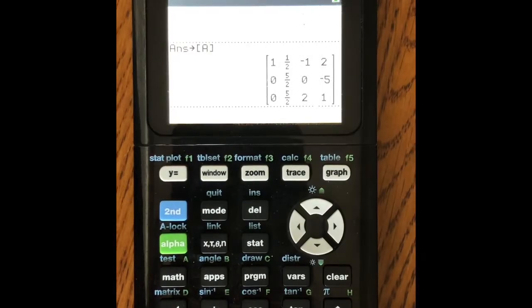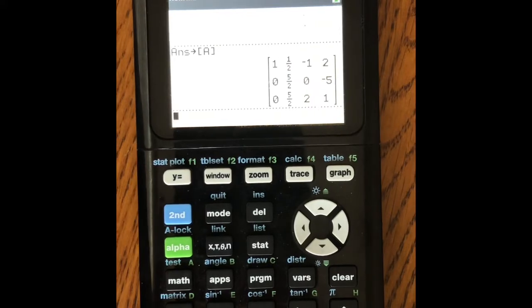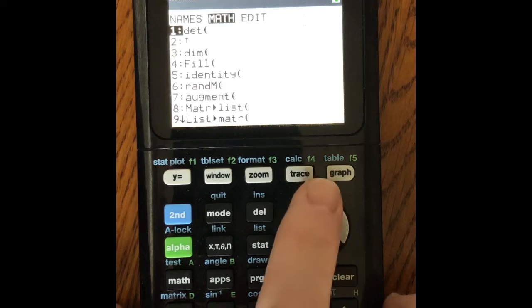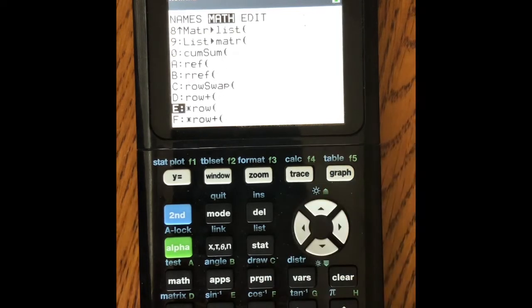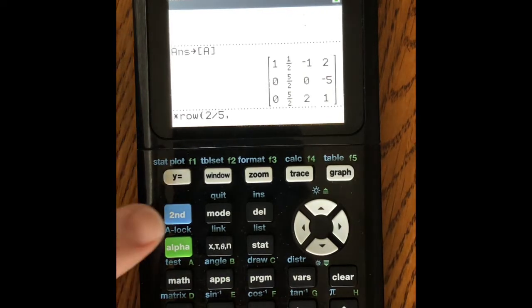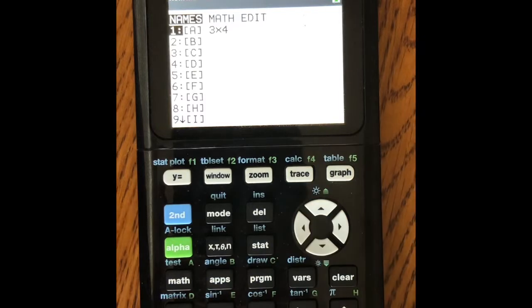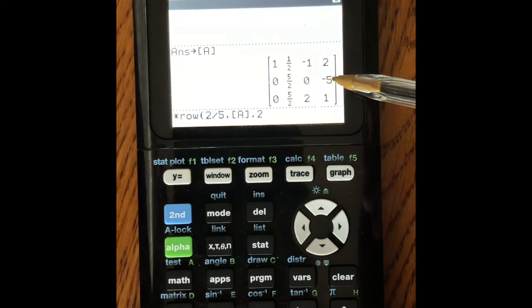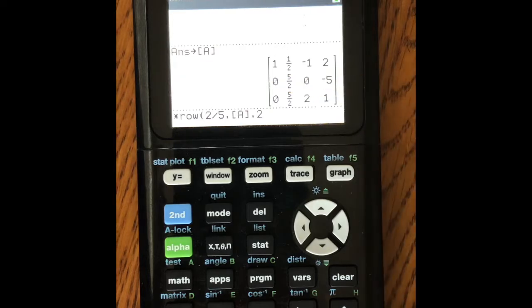So to perform the row operation, 2/5 R2, using my graphing calculator, I'm going to do what? I'm going to do it a second matrix, math, times row, and then I'm going to put in the multiplier, which is 2 divided by 5, 2/5, put a comma, second matrix, matrix we're working on is matrix A, put a comma, third parameter is the row that's being multiplied by 2/5, which of course is row 2.